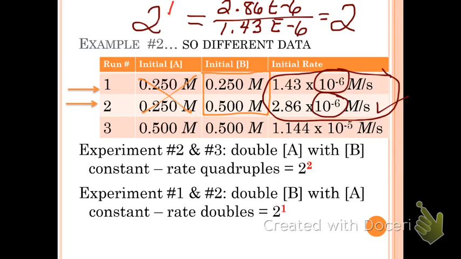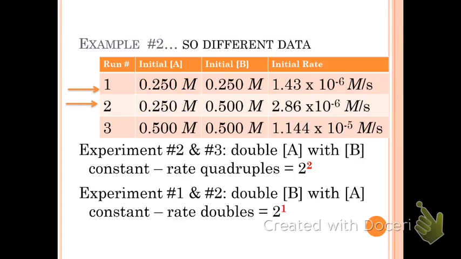Well, since 2 is what happens to your rate of reaction, or it doubles, and you've doubled your reactant, then your power is going to be a 1. Okay? That's one way to do it.